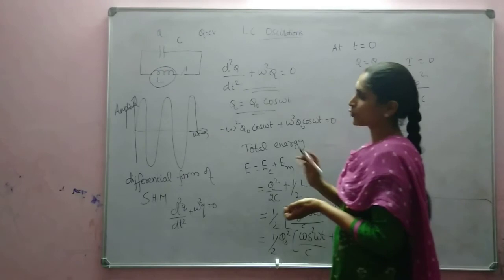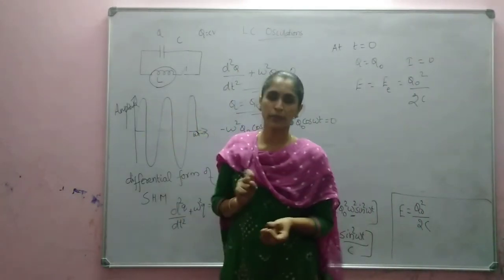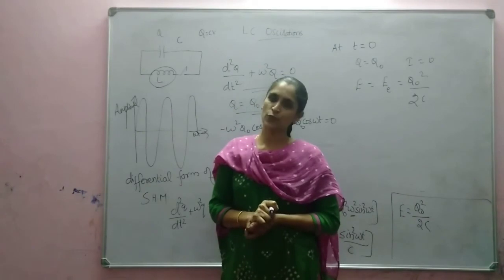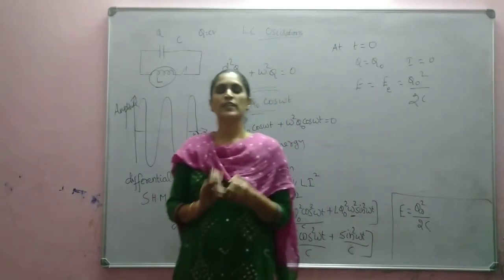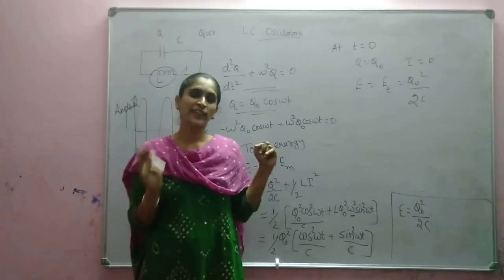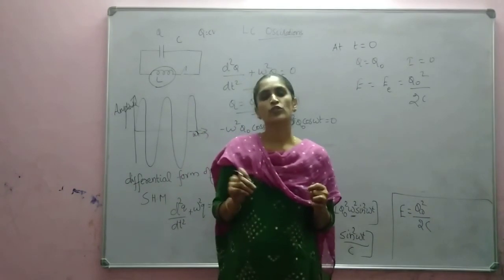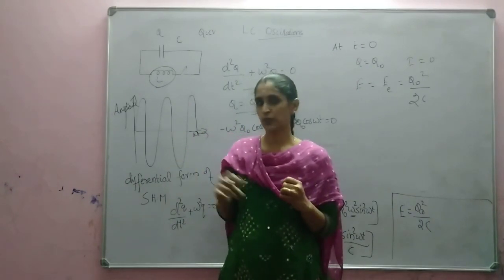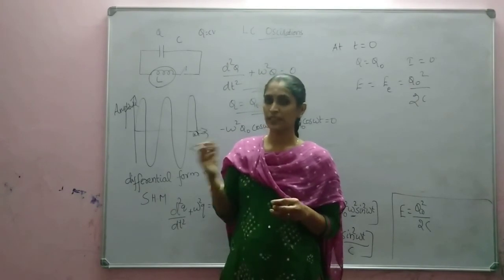Here we said that the oscillations have the same amplitude, but practically it is not possible to have same amplitude oscillations. Two reasons are there. One reason is that the inductor will not be purely inductive. There will be some resistance, because of which there will always be energy loss. Heat energy will be produced, so some energy will be lost like that.